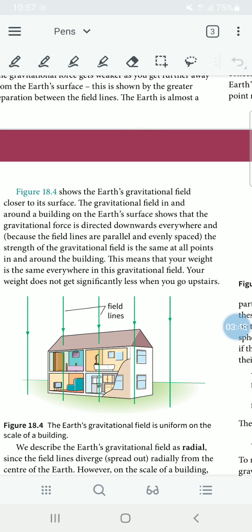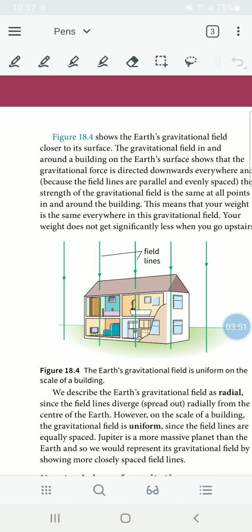Then, if you go to the surface of the Earth, and look at some small place like the side of this building as shown here, the gravitational field lines are more or less uniform and parallel to one another. Why? Because Earth is huge. In comparison, the field lines will have a uniform aspect everywhere.